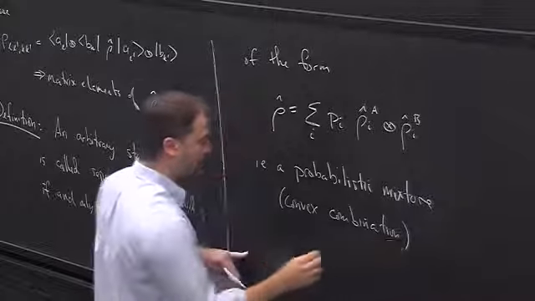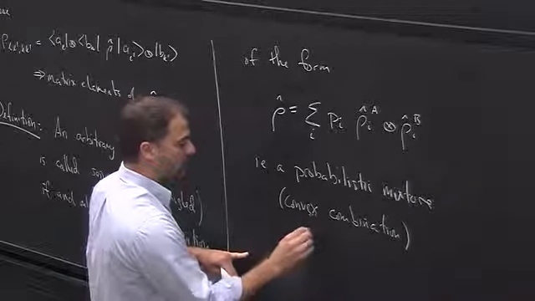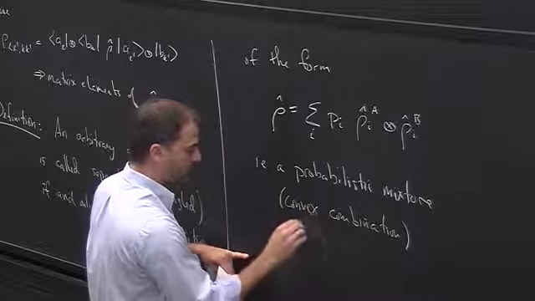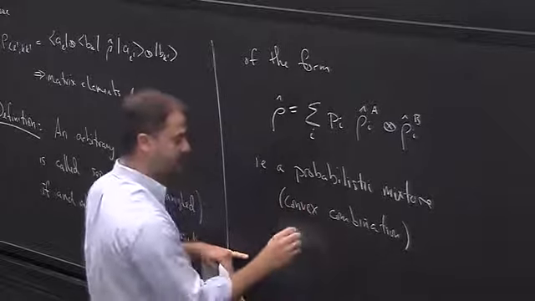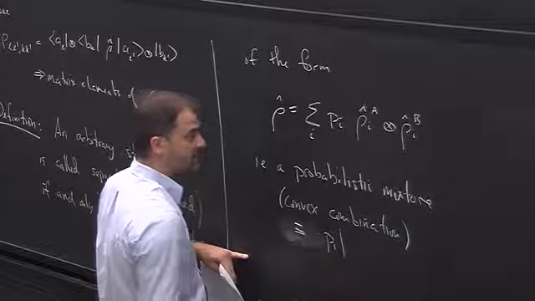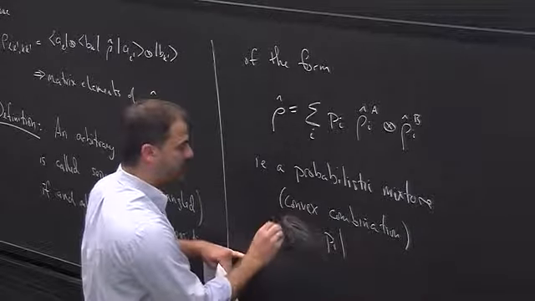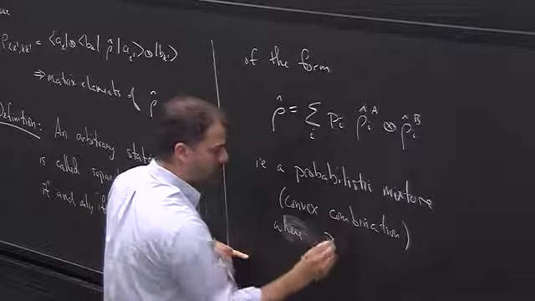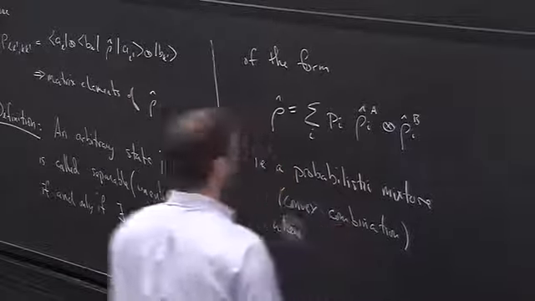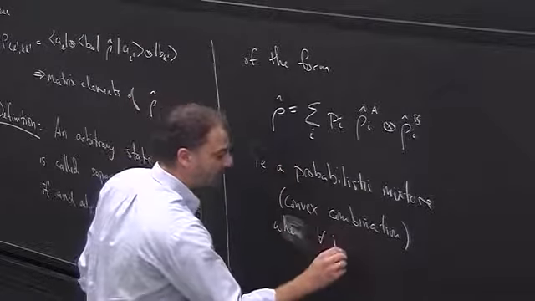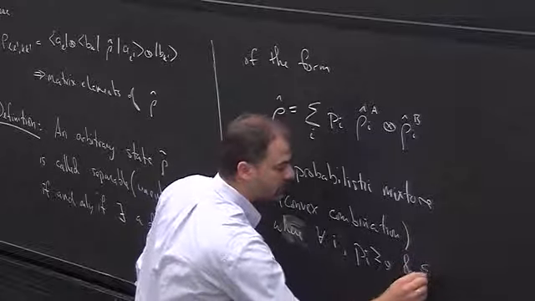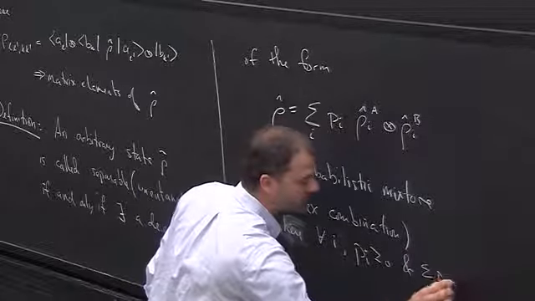So in particular, each p_i is a probability. This is equivalent to saying that the p_i satisfy, I'll just say where, for every i, p_i is greater than or equal to 0, and the sum over i of p_i is equal to 1.